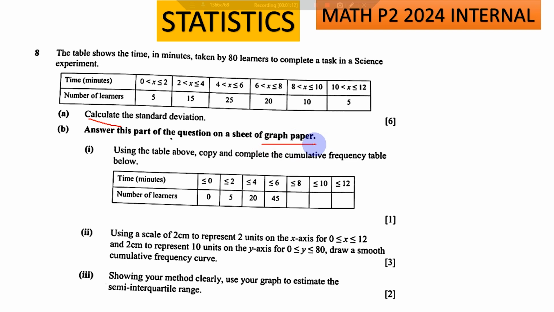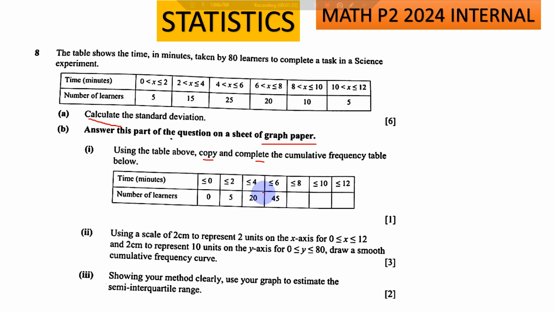Okay, so you have to make sure that the B part of this question is answered on a graph paper. Okay, so they are saying using the table above, copy and complete the cumulative frequency table below. So this is a cumulative frequency table that we need to complete.